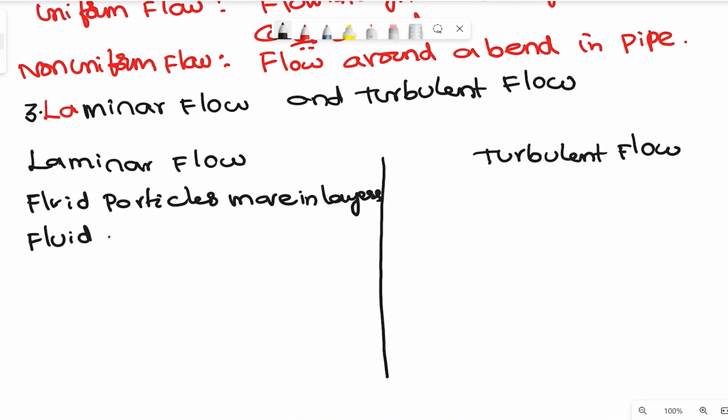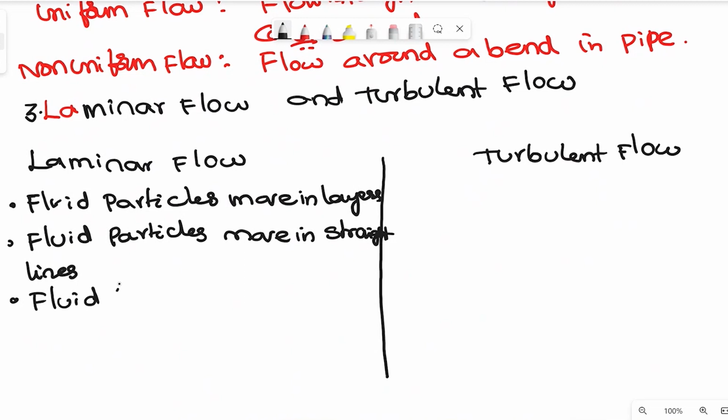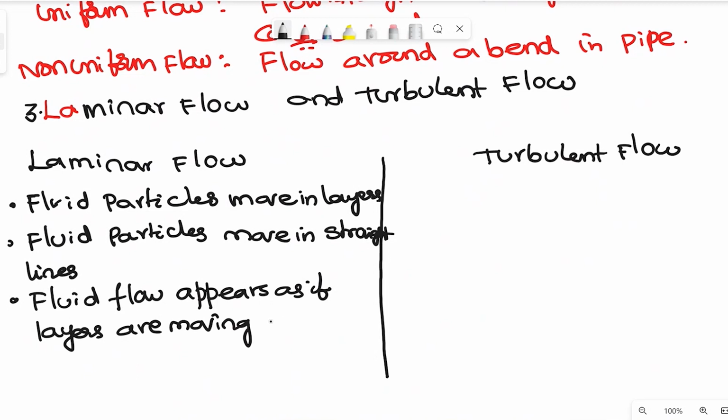Fluid particles move in straight lines. Fluid flow appears as if the layers are moving adjacent to each other.